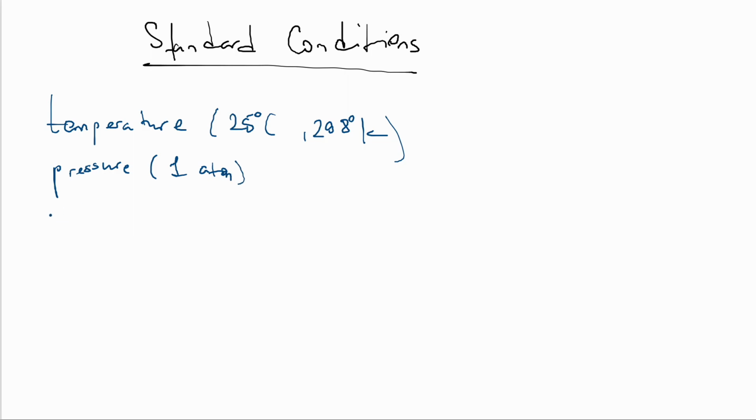And if we have solutions, any solutions involved in these enthalpies must be at 1 molar concentration. So when we apply these conditions, temperature 25 degrees, pressure 1 atmosphere, and 1 molar solutions, then our enthalpy change, which is measured under these conditions, is called standard enthalpy change.